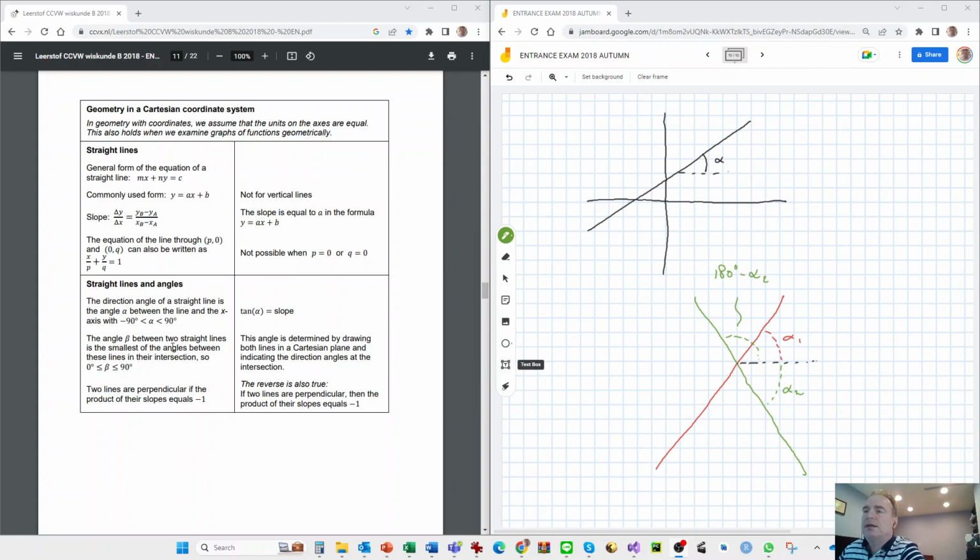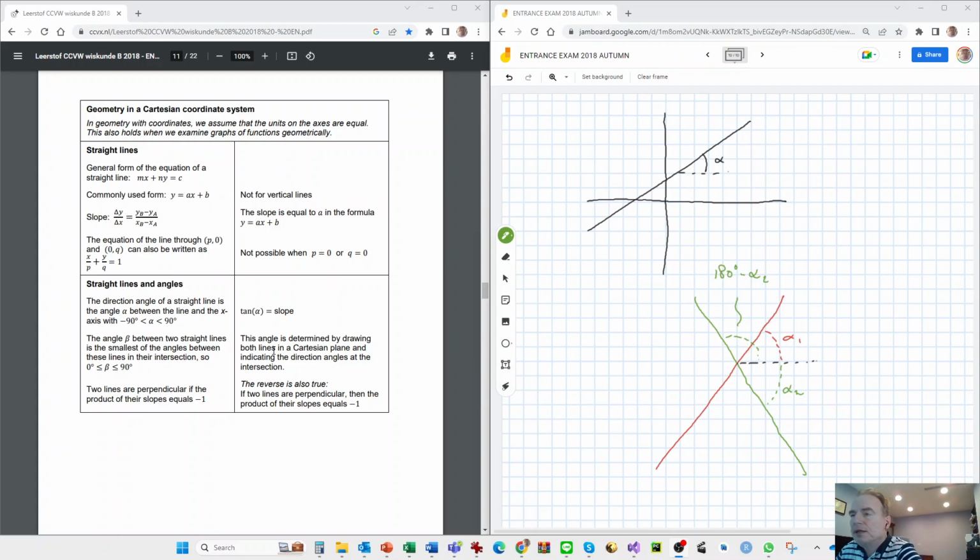And if I have two straight lines, then the angle between them is the smallest angle. So if I have this green line and this red line, the angle between them is defined as the angle here, which is the smaller angle.